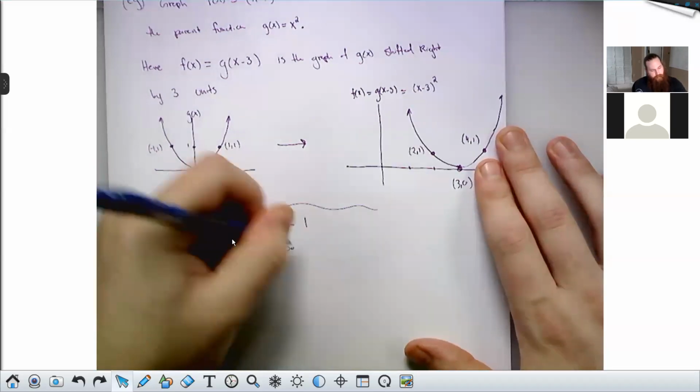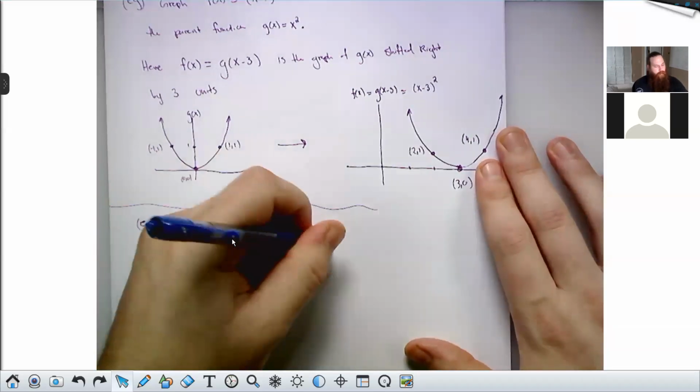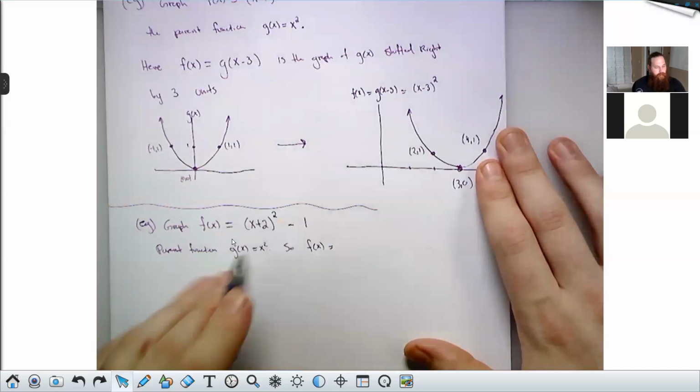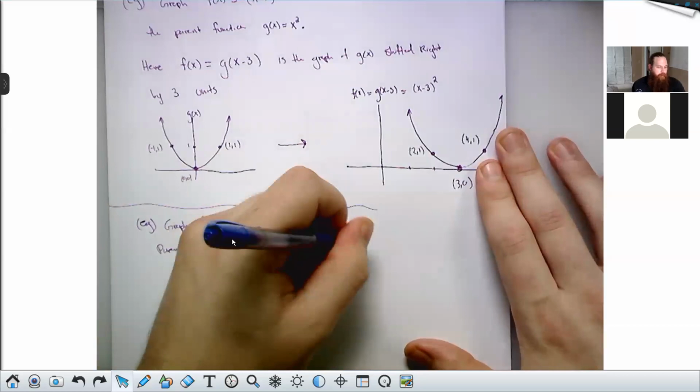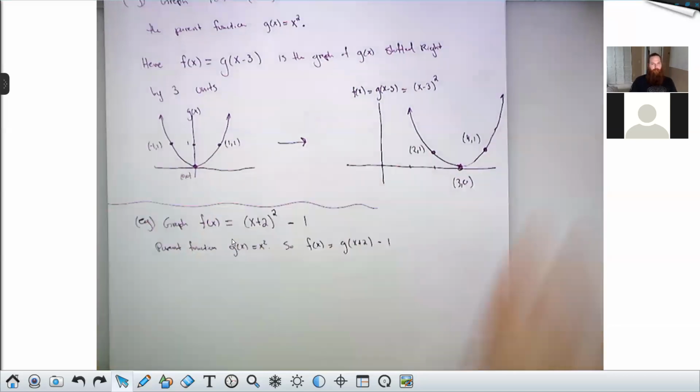So f of x is, how do I get this from this? That's g of x plus 2, minus 1. So what's going on here? I've got a horizontal shift of some sort because I'm adding or subtracting on the inside. And I've got a vertical shift of some sort because I'm adding or subtracting on the outside.